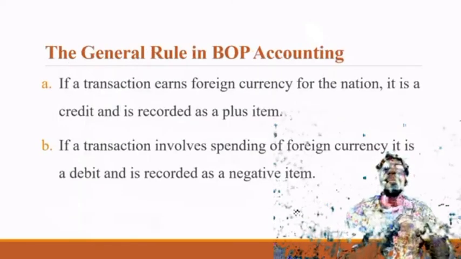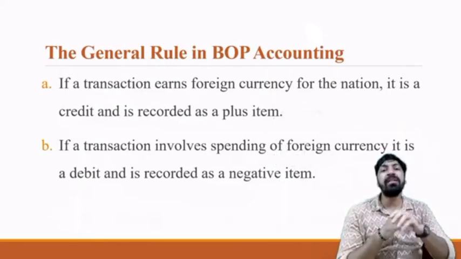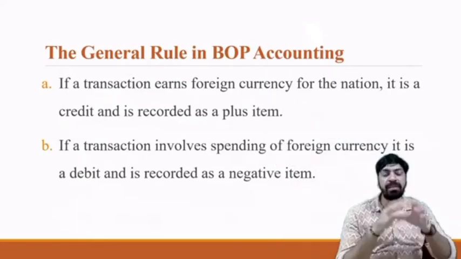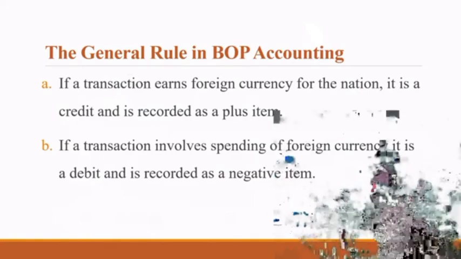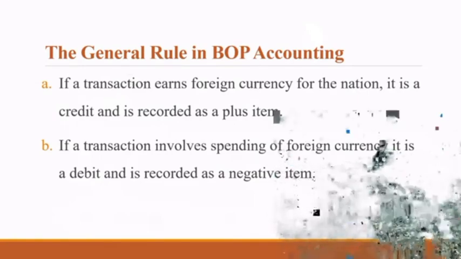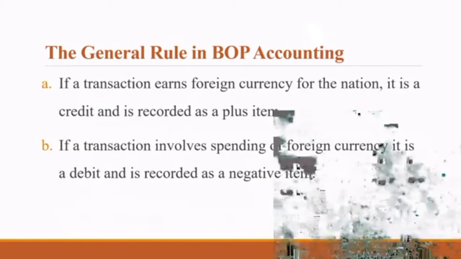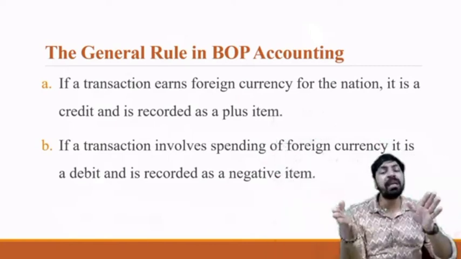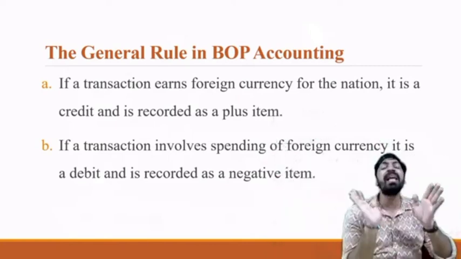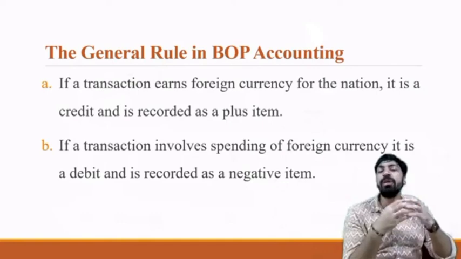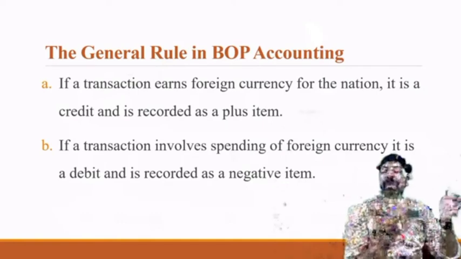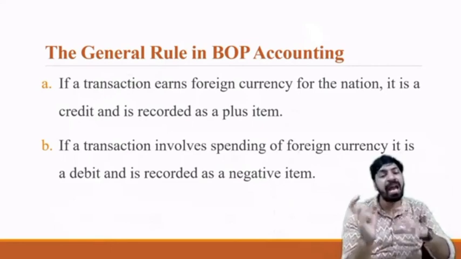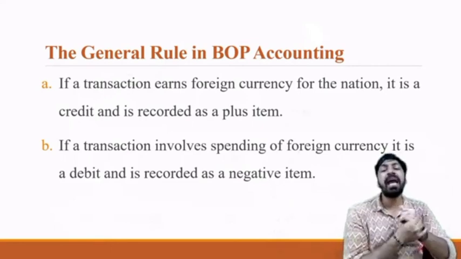The next one is the journal rule in balance of payment accounting. As I already told, there is a mathematical formula of the balance of payment, which is equal to the current account plus capital account minus any balancing items, which will show up to equalize the receipts and payments, in the following item, that is errors and omissions.